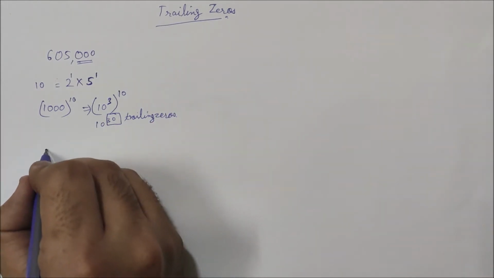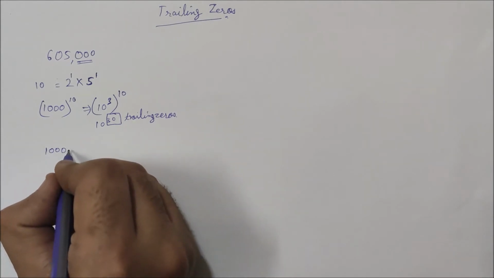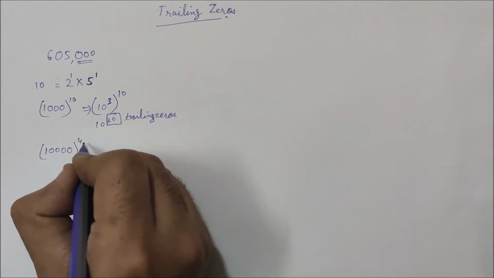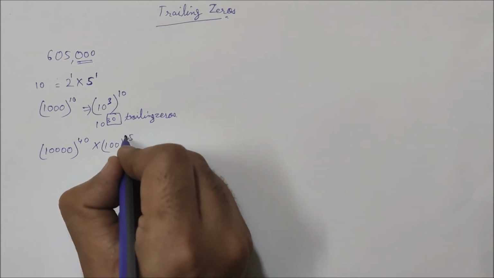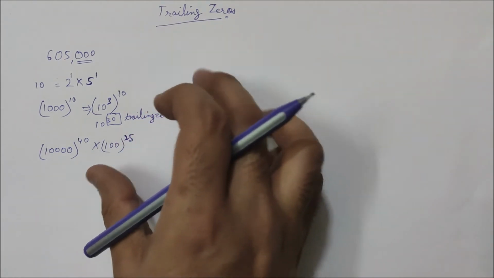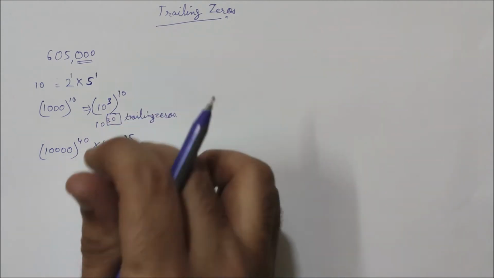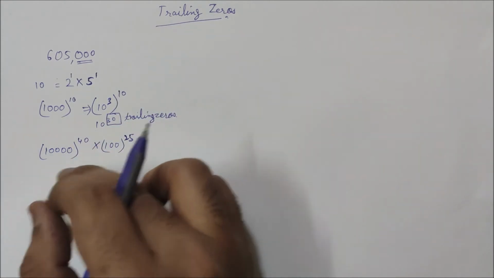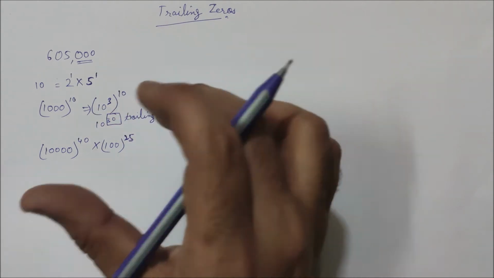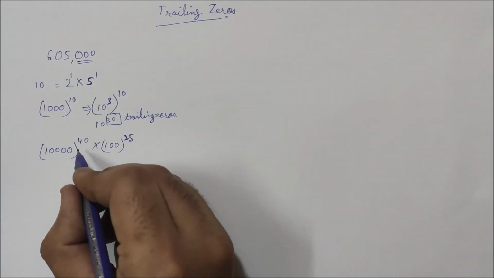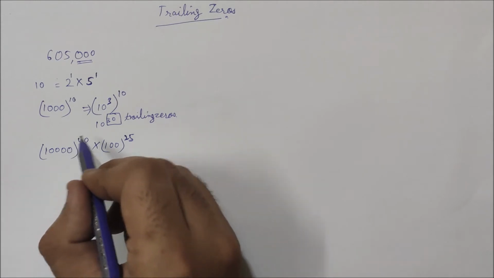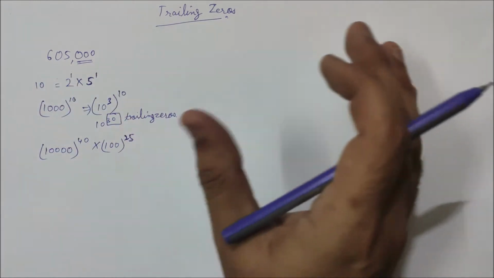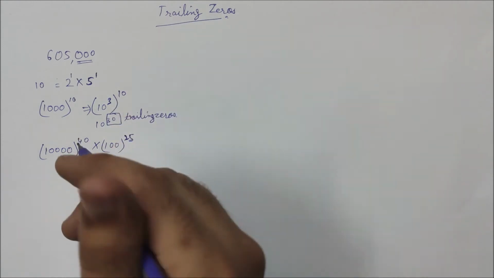Another number, let's say 10,000 raised to the power 40 multiplied by 100 raised to the power 25. These are not very tough questions, these are very basic questions. However, it becomes important for us to understand the concept and some basic rules of indices also. This is a big number, 10,000, and if I multiply it 40 times and write so many zeros, it would get very tedious.